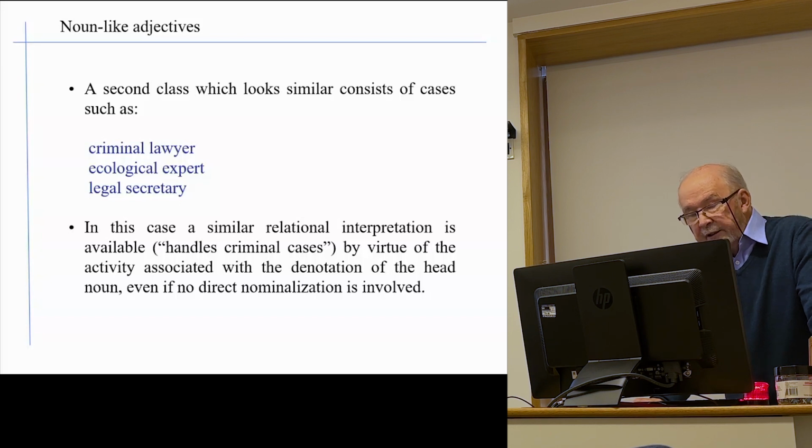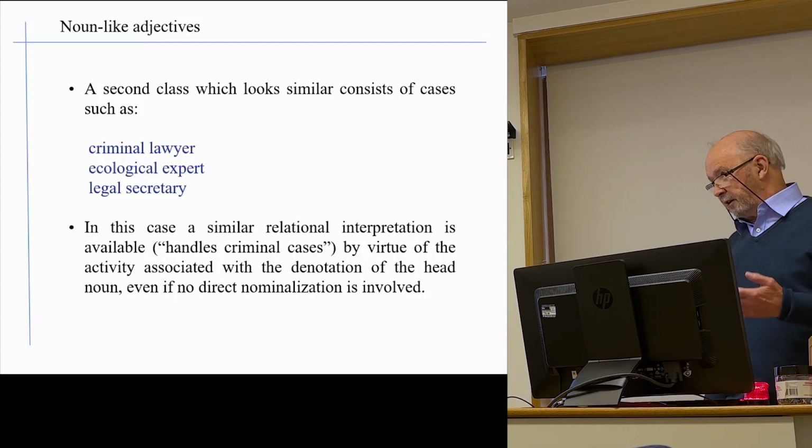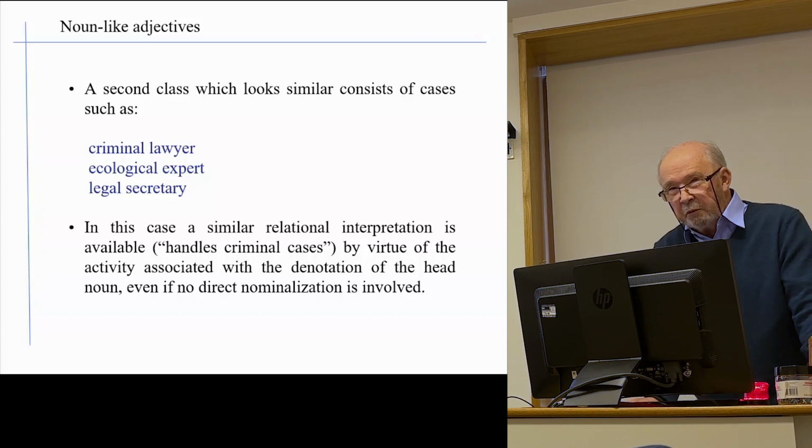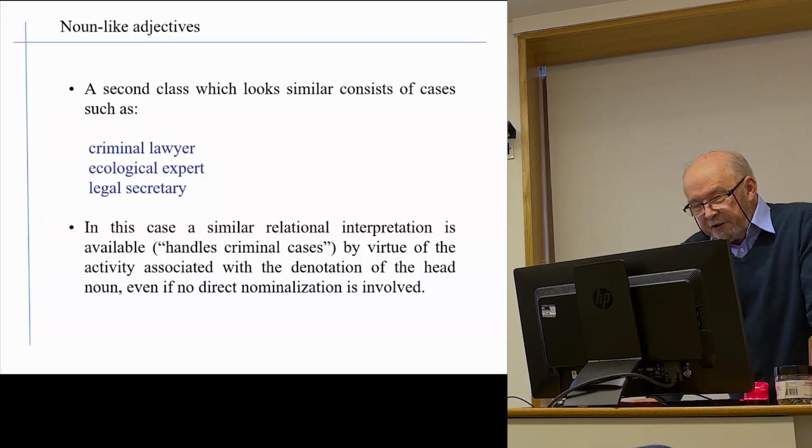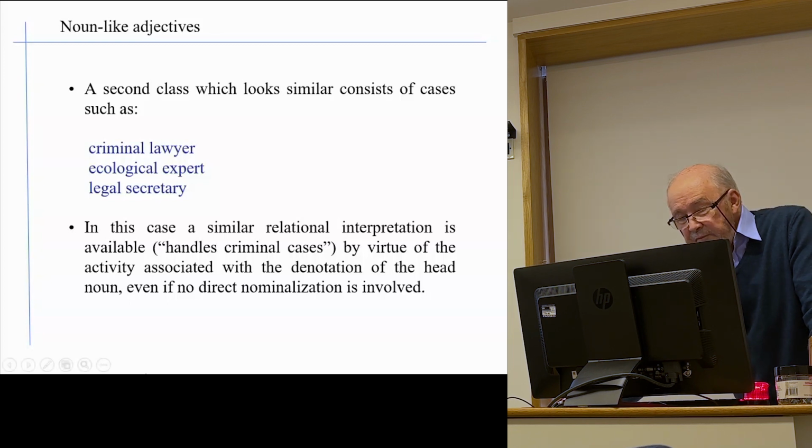A lawyer who handles criminal cases, by virtue of the activity associated with the denotation of the head. Expert in ecology, that would be more close. Secretary who deals with legal matters. There's no direct nominalization in these cases.